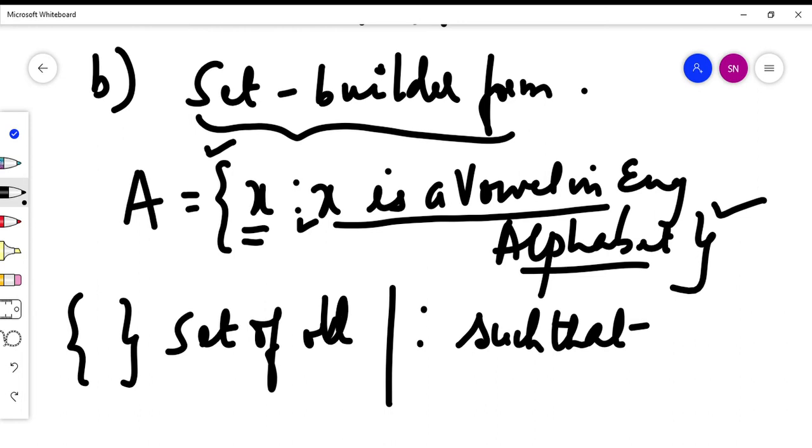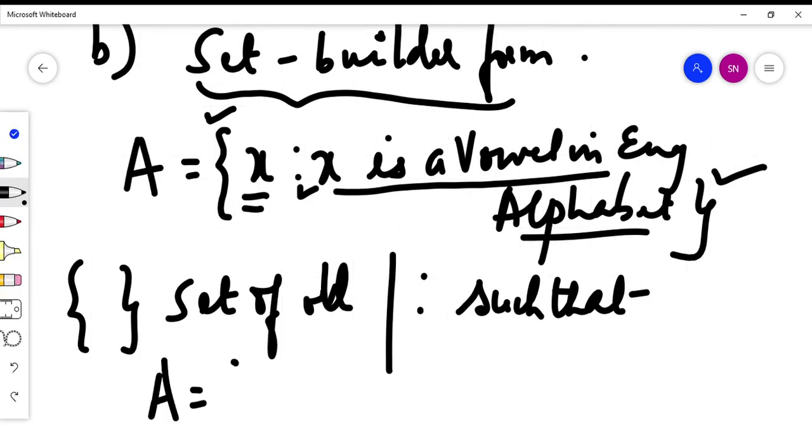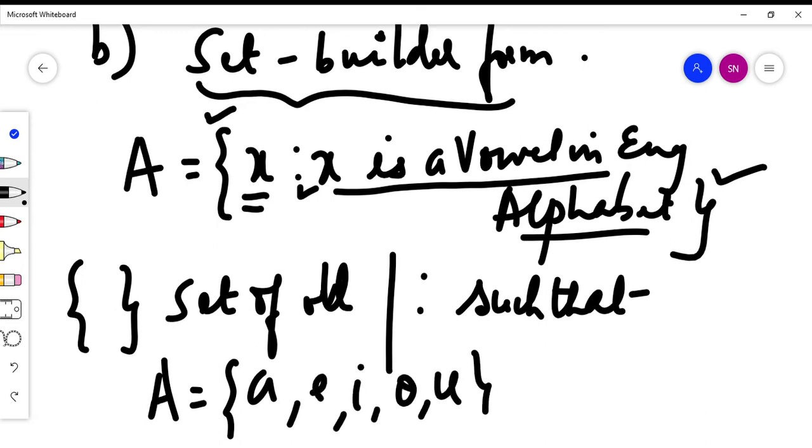The set builder form is given in a statement format. If I convert this into the previous tabular representation, I would directly write A, E, I, O, U. As we proceed with the chapter, in your exercise there are problems where you convert set builder form to tabular form and tabular form to set builder form.